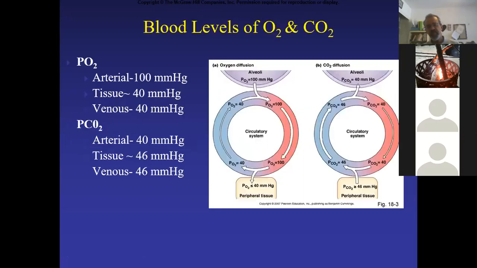All right. So just some numbers to go over. First, let's take a look at what should be the levels of oxygen and CO2. In the arterial blood, we have an oxygen level of 100, right? By the time we get to the tissue, there's about 40 because these tissues are, of course, rapidly metabolizing oxygen.